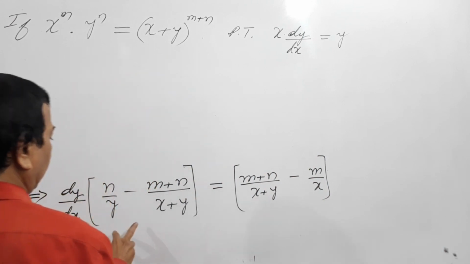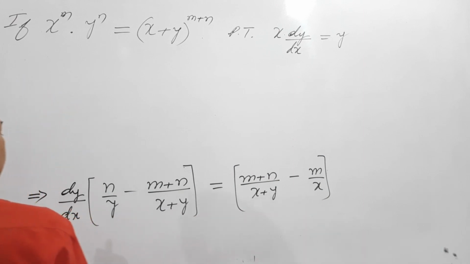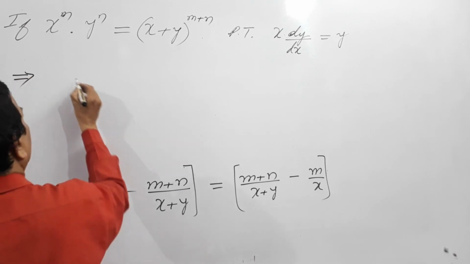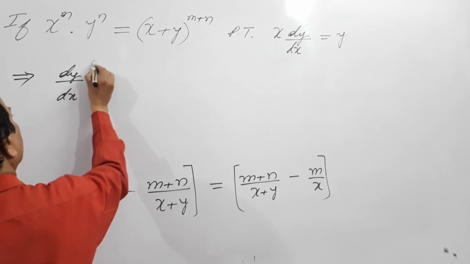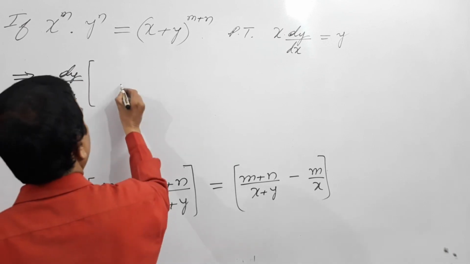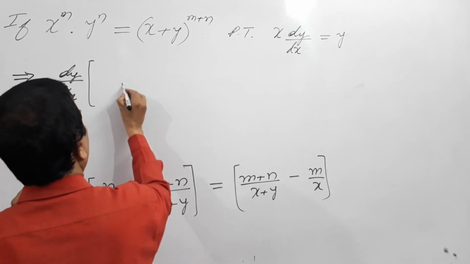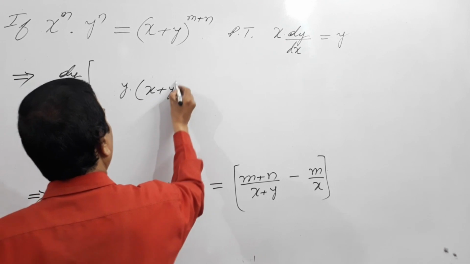So what I do, I take LCM on both sides. So what I do first here, that is dy by dx, this will be y into x plus y.